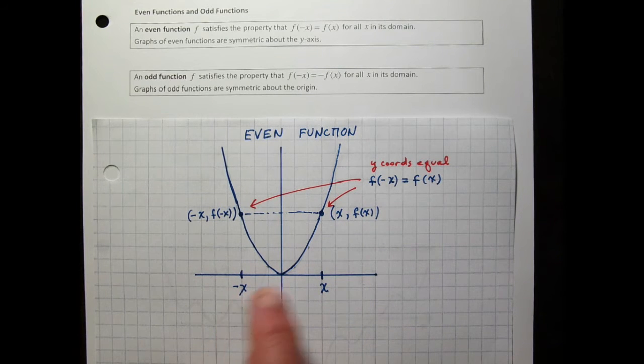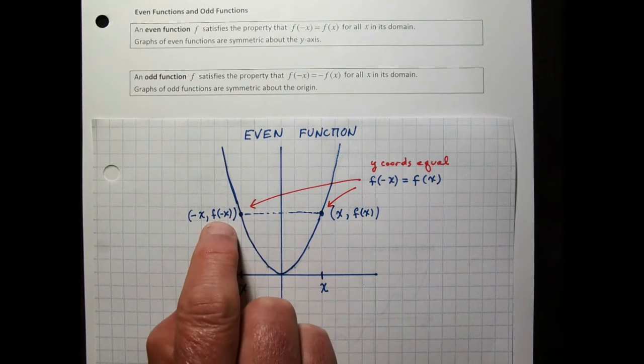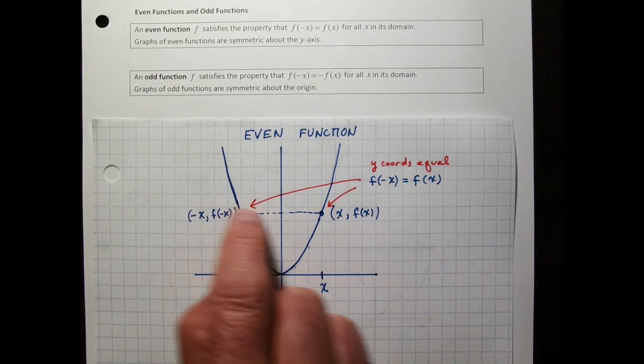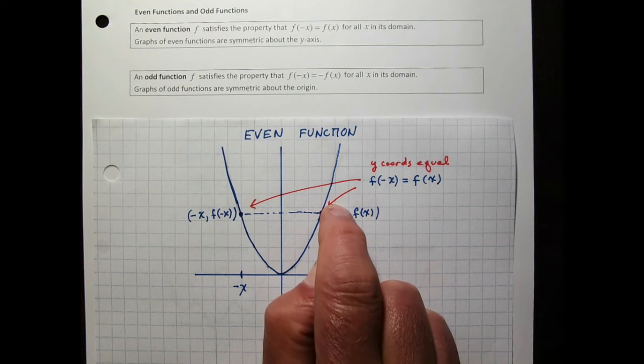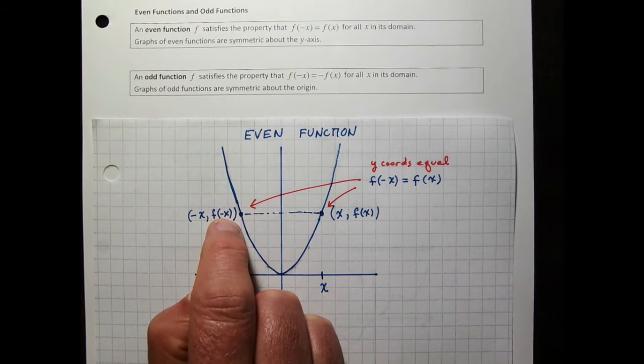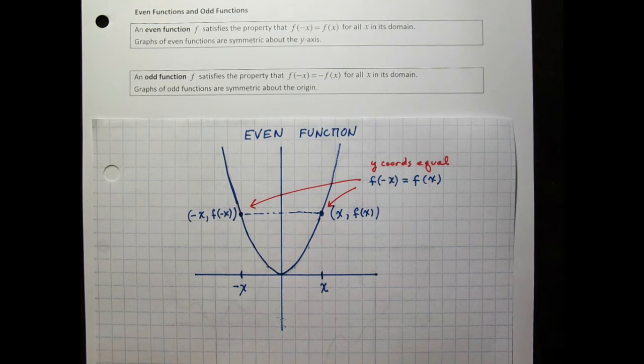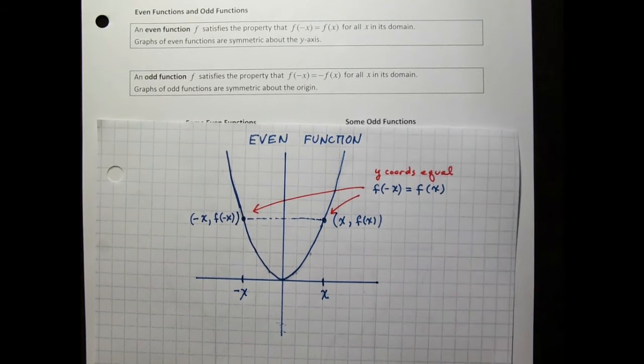If f of minus x equals f of x, that's like saying the y-coordinates of these two points on the graph are equal. So for any x, any opposite of x, you get the same y-coordinate. That's another way of saying that you have symmetry around the y-axis. And even functions always have that symmetry.